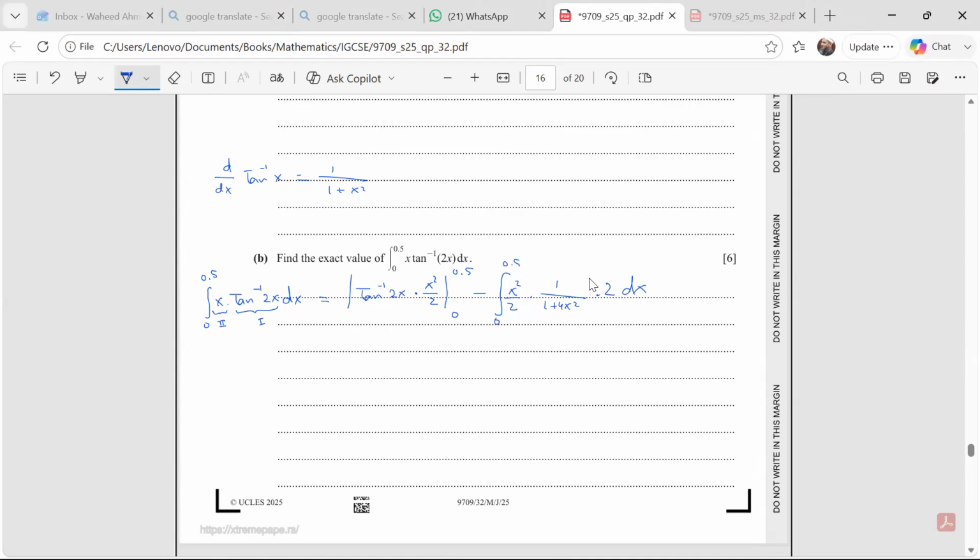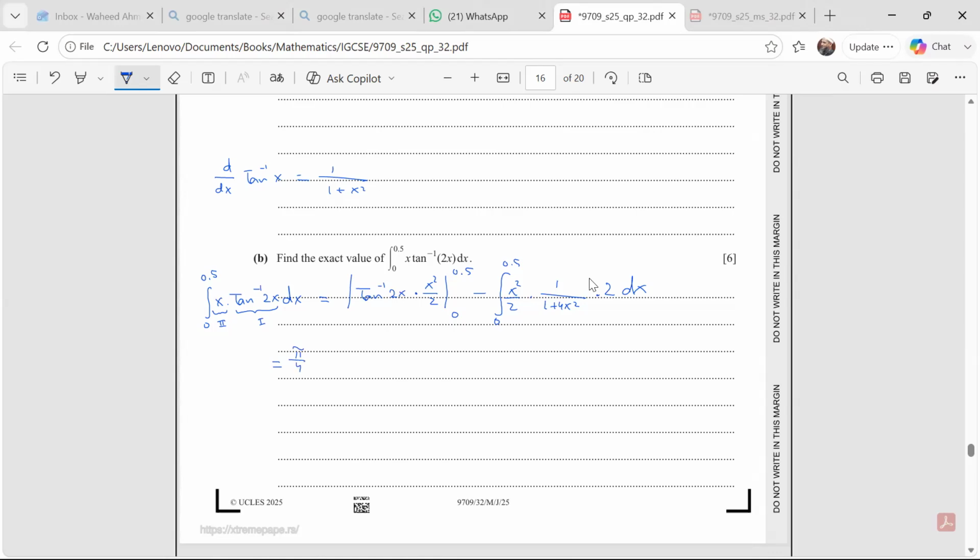I hope it's all clear. If I put the upper limit, 2 into 1 by 2 is 1, and tangent inverse 1 is 45 degrees, so it's pi by 4.